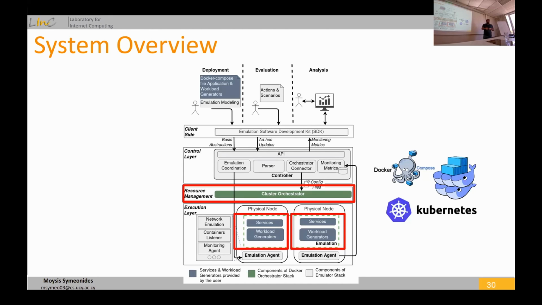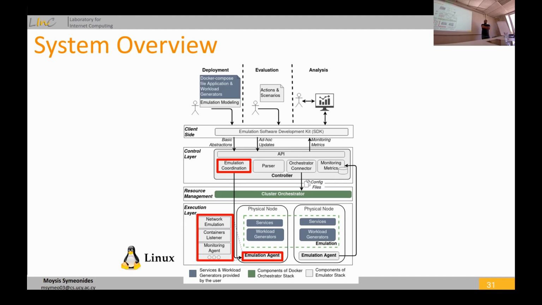In our prototype, we utilize Docker Swarm, which is a multi-host Docker orchestrator. Currently, we can also utilize the Docker Compose execution engine, and we are working right now on Kubernetes in order to encapsulate it in our framework.